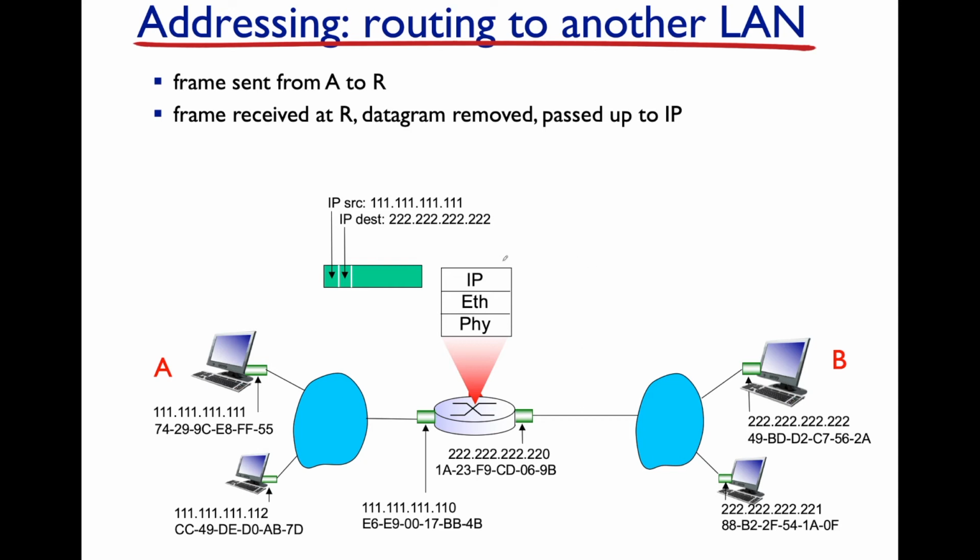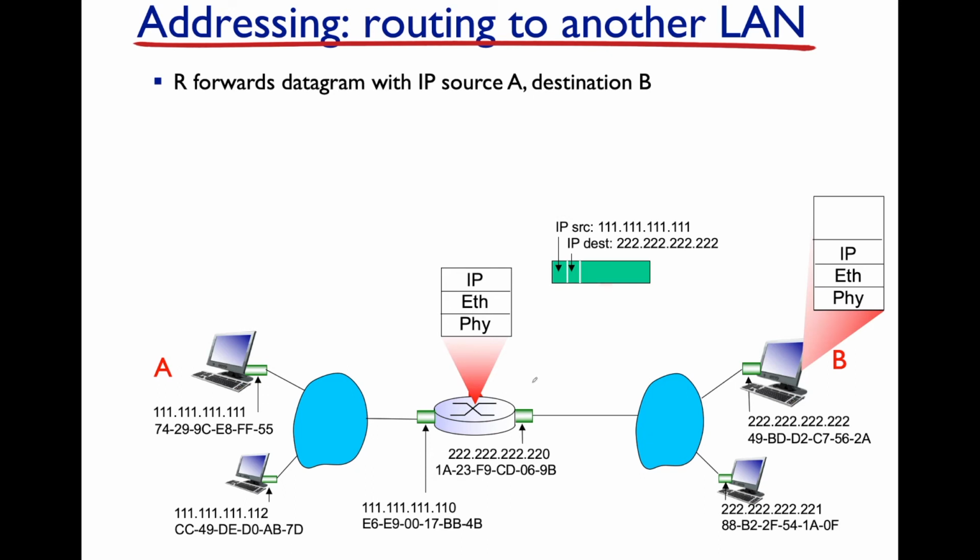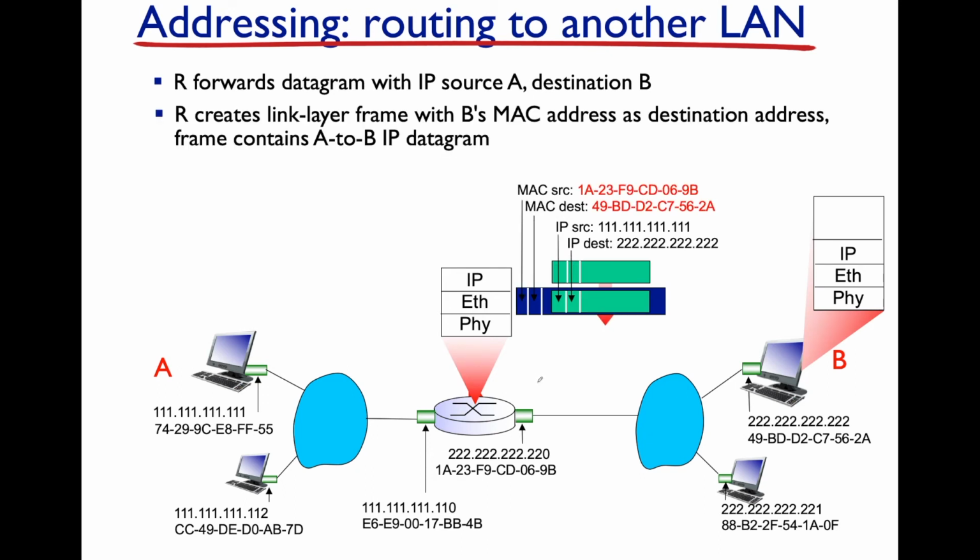So then it says, okay, I'm going to send that out a particular output port based on the forwarding table if it's traditional routing, or the flow table if it's software-defined networking.